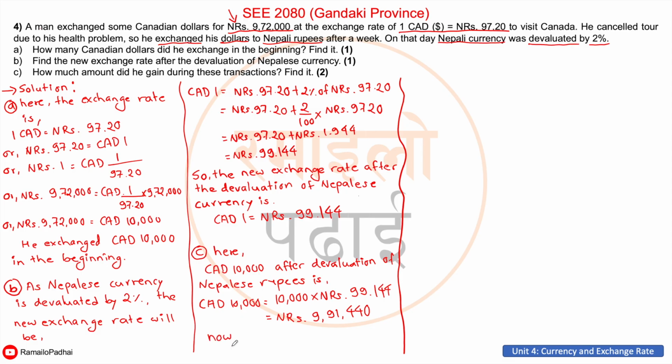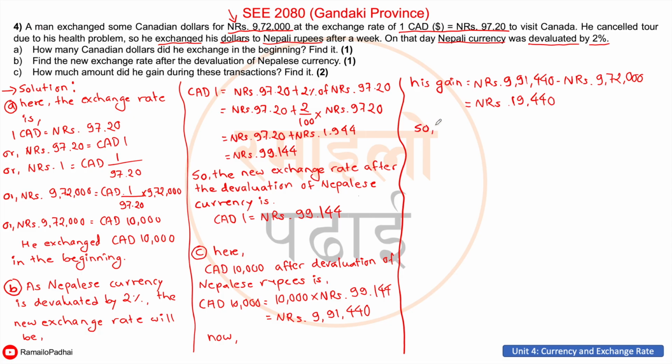Now his gain is equal to NRS 9,91,440 minus NRS 9,72,000, which equals NRS 19,440.